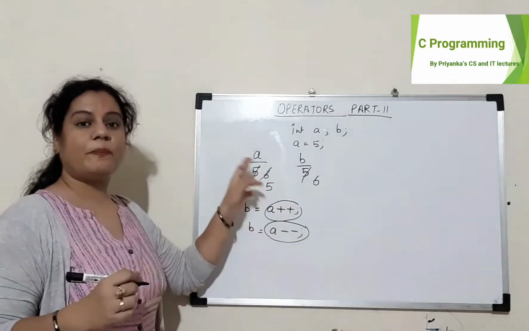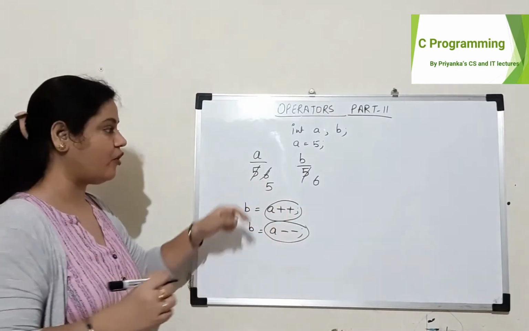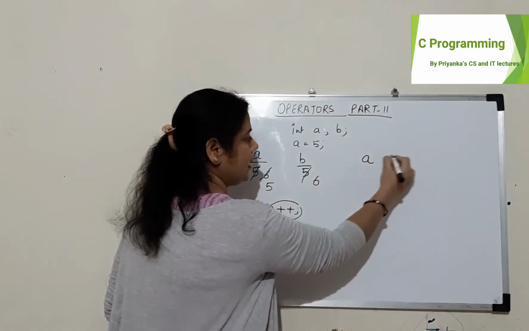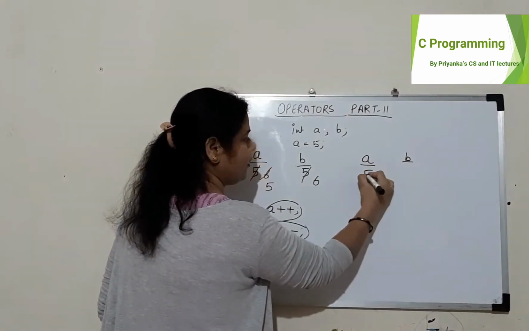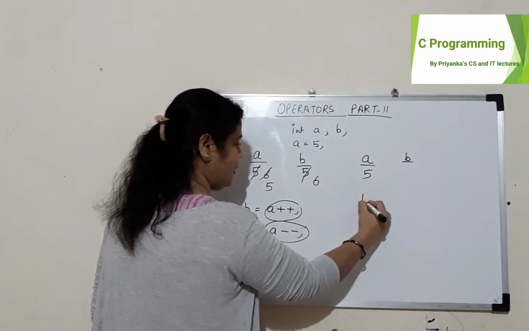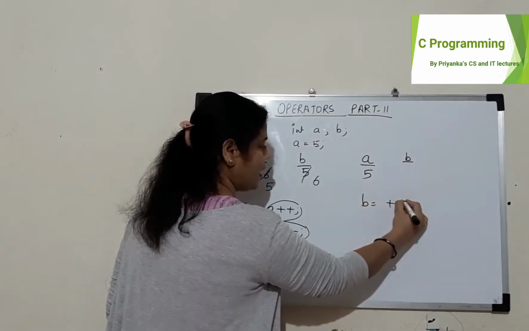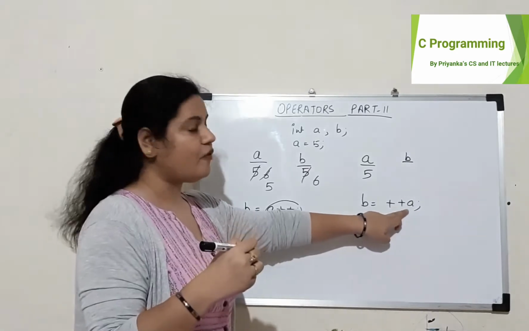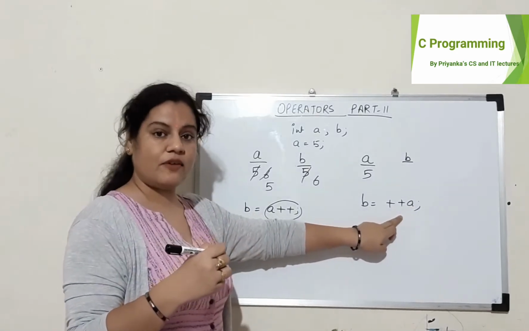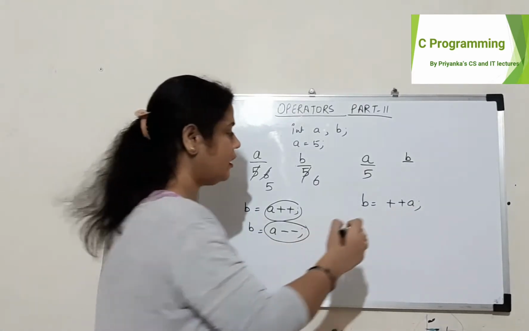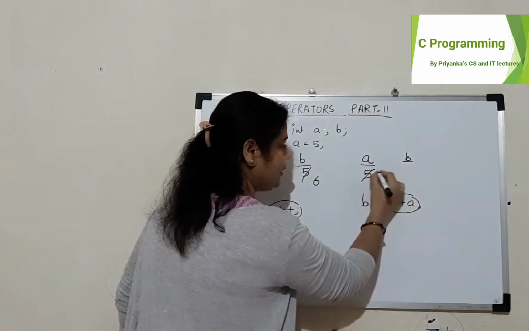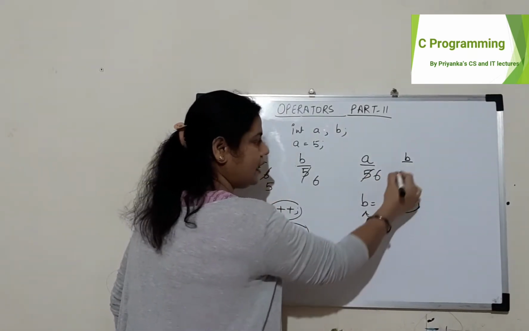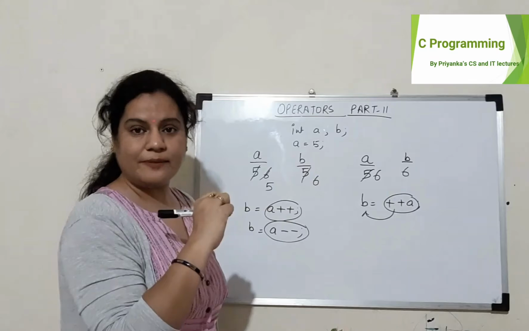But if I use pre-increment/decrement here, what is the difference? Here is a, here is b, and a has 5. If I say b = ++a, it means pre-increment. Then first of all a will increase its value by 1, then it will assign the latest value into b.